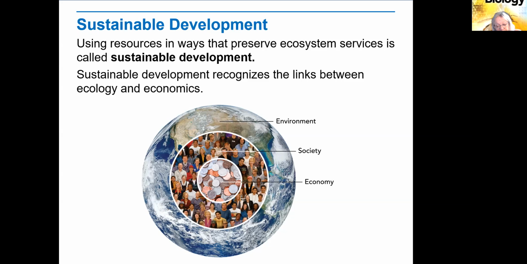The economy operates within society, which in turn operates within the Earth's life support system. So using resources in ways that preserve the ecosystem and services is called sustainable development. Sustainable development recognizes the links between ecology and economics.